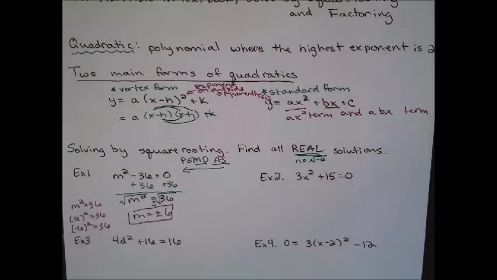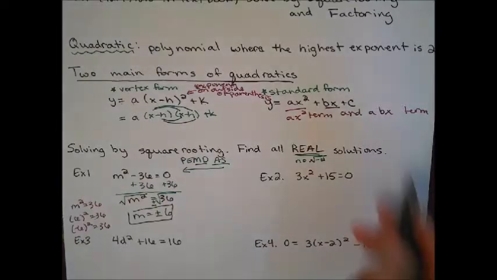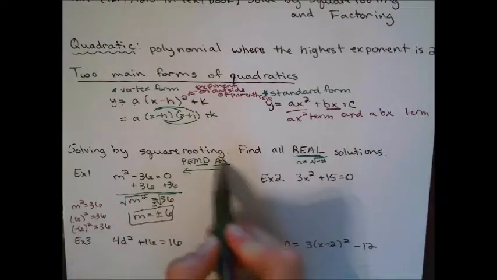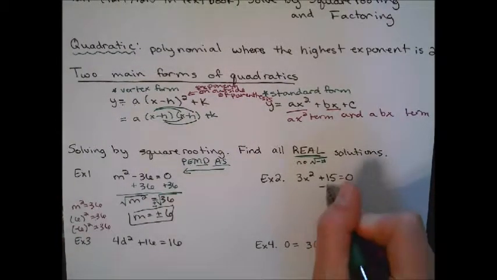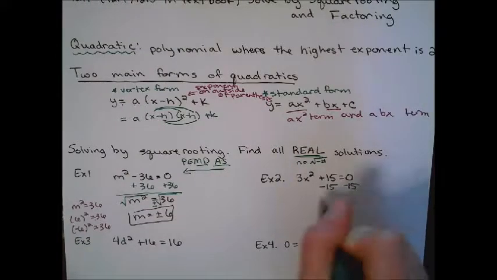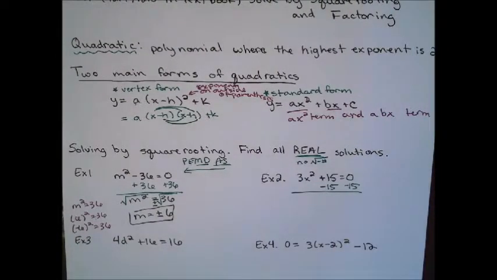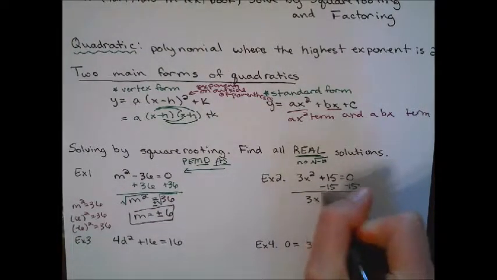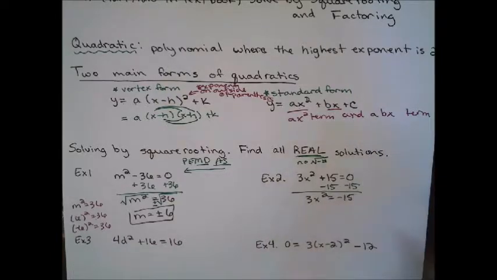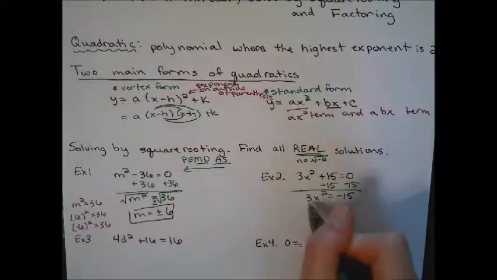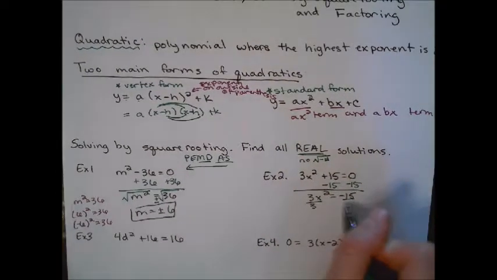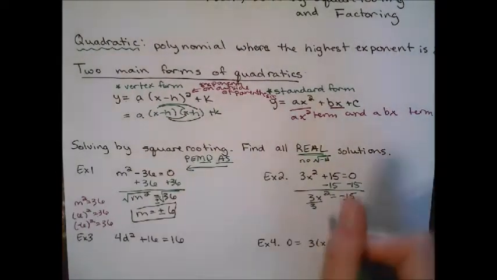Okay, so for example 2, and if you needed more time, please feel free to pause to allow more time. I'm going to undo my addition or subtraction. Now here I do have a number in front of the x squared, so the next step is to undo my multiplication or division.